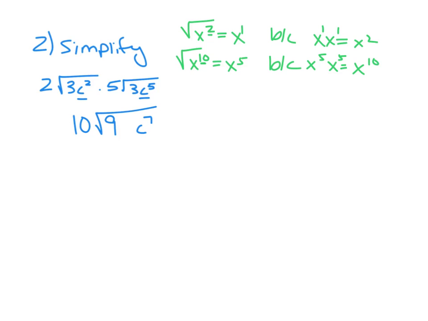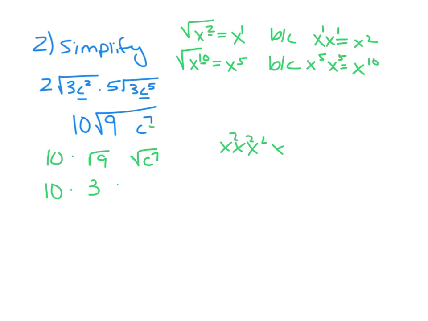Okay, now the question becomes, how do I do that with an odd number? Well, let's separate this out. So 10 times the square root of 9 is 3, and then we've got x to the 7th. What I would do is I would think, how many x squareds are in that? There are 3: x squared, x squared, x squared. That makes 6, and then there's an extra, right?